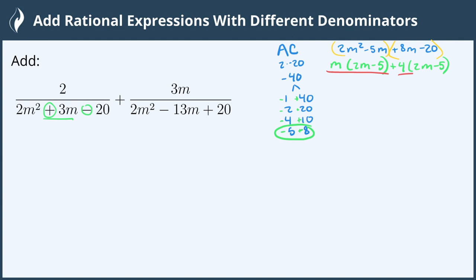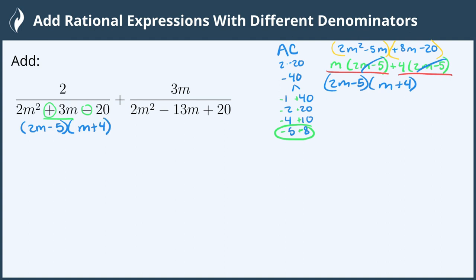Between these two terms, the greatest common factor is the binomial, 2m minus 5. So we're left with m plus 4. So the denominator here is 2m minus 5, m plus 4.